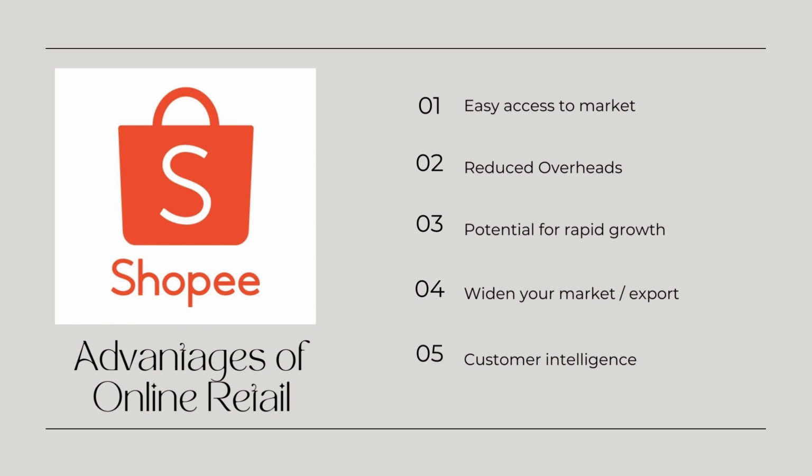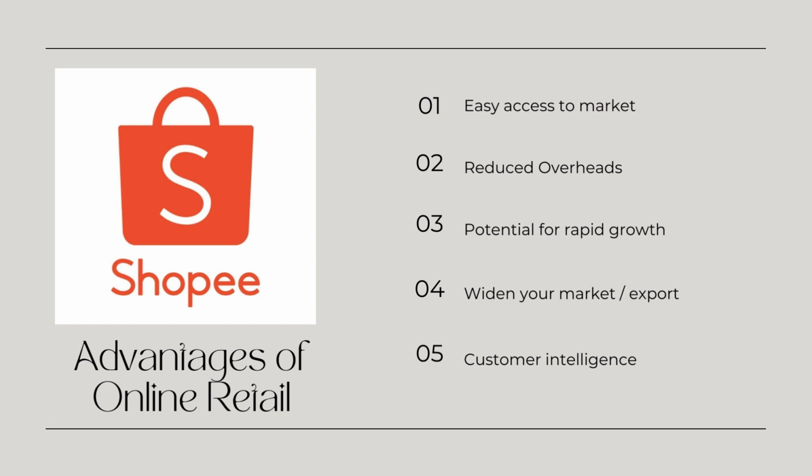So in this one, customer intelligence, we can also gain customers sa pamamagitan ng pagka-categorize nung ating product. With this kind of applications or online retailing, we can search. For example, ang binibenta mo is garments.